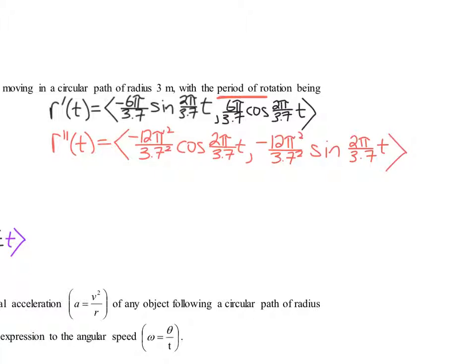All right. So, again, this is the r prime of t, my velocity vector, and this is the acceleration vector.